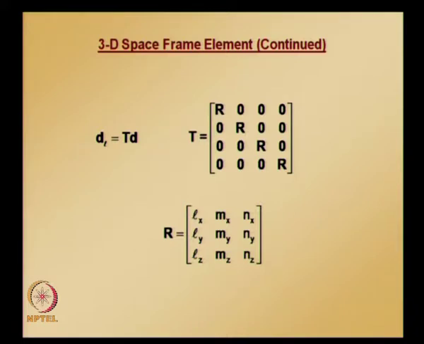Once again, for the orientation angle method, for the case of an arbitrarily oriented frame element, the data required is the angle alpha, which is measured in the counterclockwise direction from the global y axis to the global x axis.